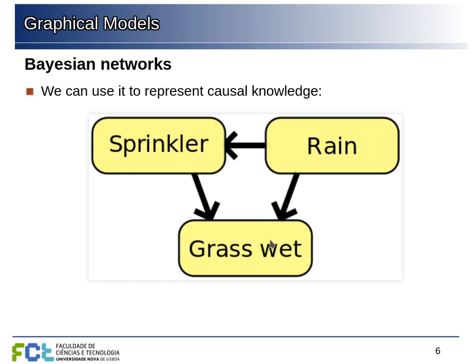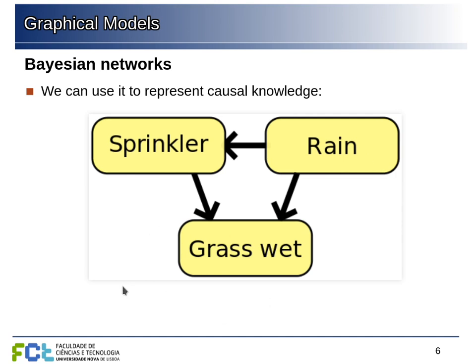So we can represent that in this way, in which the probability of turning on the sprinklers depends on whether or not it rained, and the probability of the grass being wet depends on whether or not somebody turned on the sprinklers and whether or not it rained. Rain is something here that is independent from everything else. Sometimes it rains, sometimes it doesn't, but that probability does not depend on whether somebody turned on the sprinklers or what happened to the grass and so on.